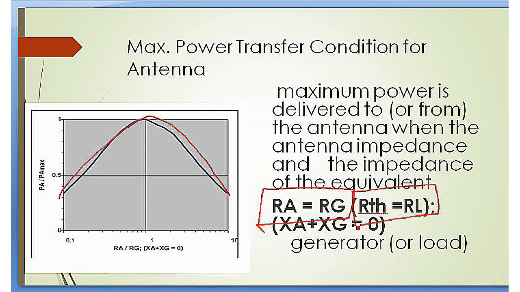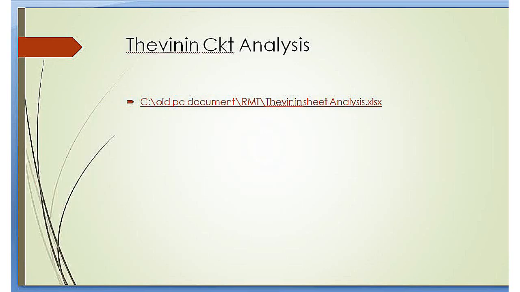Or simply, for maximum power transfer theorem, Thevenin's resistance is equal to your load resistance, or XA plus Xg is equal to 0. If these conditions are there, then and only then maximum power transfer is going to happen from antenna to atmosphere or from free space to your antenna.